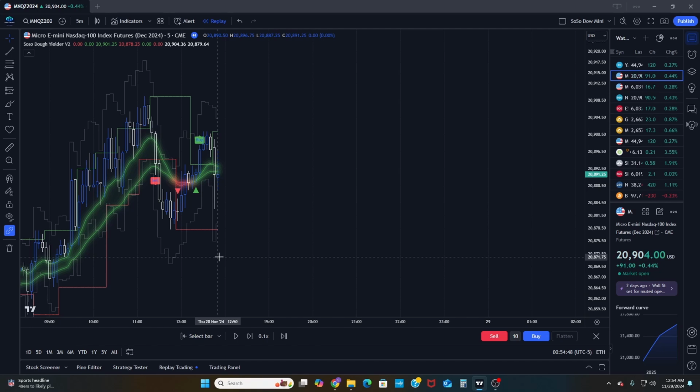Now, most of you know that during US market hours, I will use the 1 minute time frame to execute trades. However, if I do any trades overnight during Globex hours, I use a higher time frame.